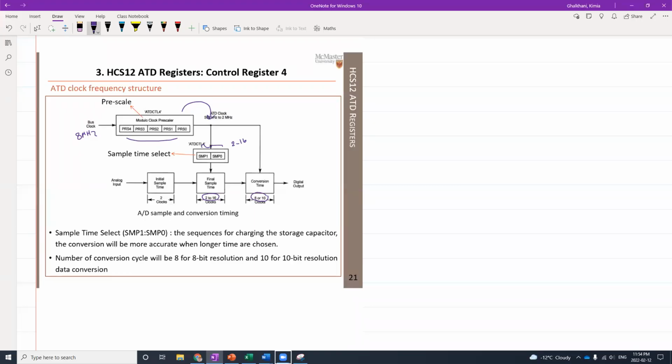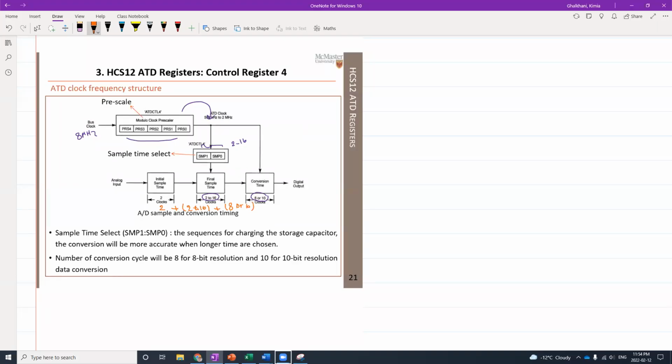So if I'm going to consider just the lowest one in here, for example, the initial sample is going to be, let's say, 2, and then the final sample can be something between 2 to 16, right? And then the conversion time is going to be something between 8 or 10 bits.